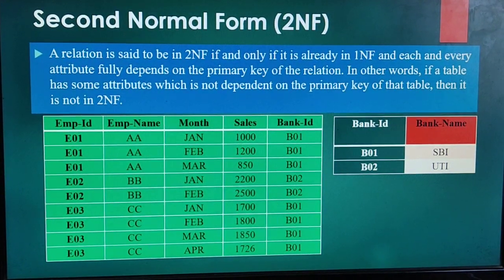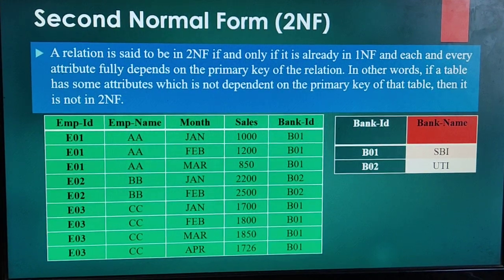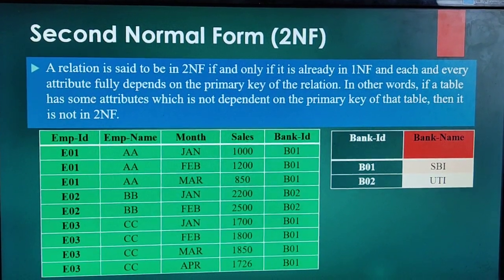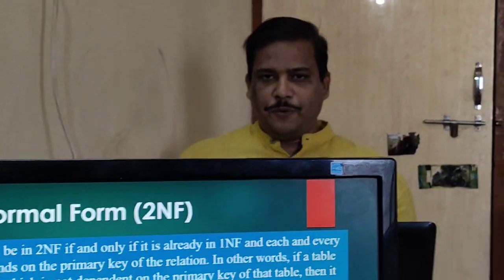What is a primary key? We can define it this way: a primary key is a key attribute which helps to make each and every record in the relation distinct. Distinct means it should not be repeated. For example, in an employees table, employee number or employee ID is a primary key.